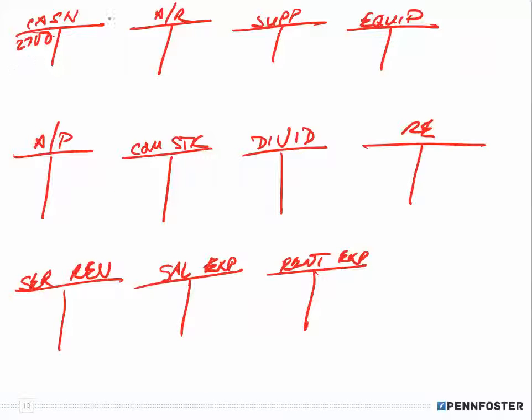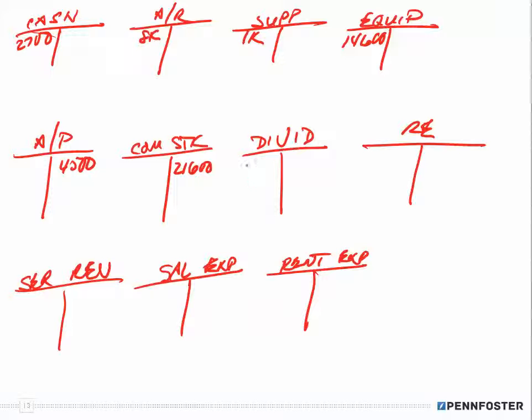For accounts receivable, I have a debit balance of 8,000. For supplies, I have a debit balance of 1,000. For equipment, I have 14,600 on the debit side. For accounts payable, I have a credit of 4,500. Common stock, 21,600.